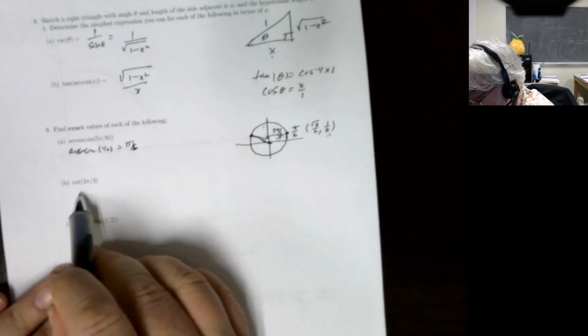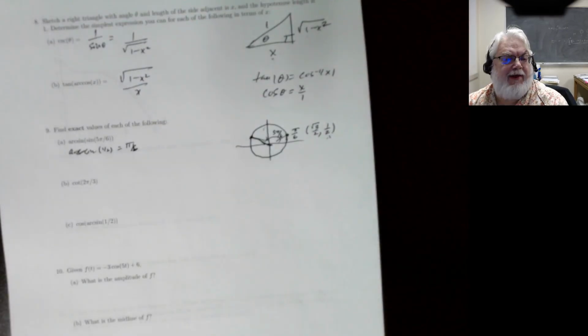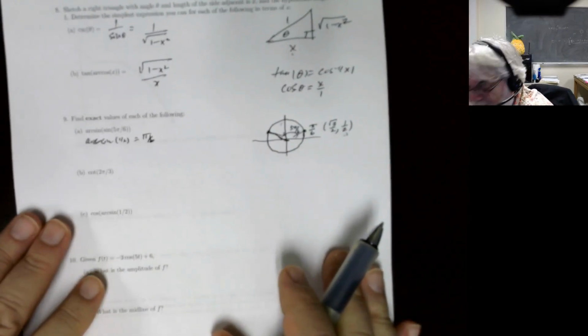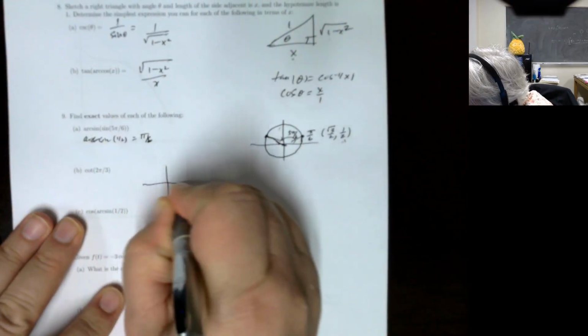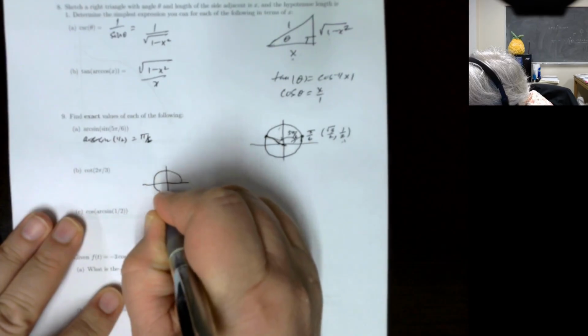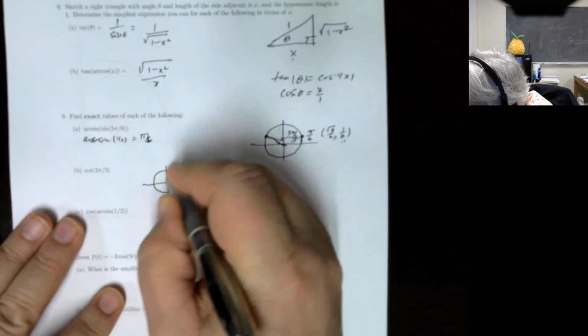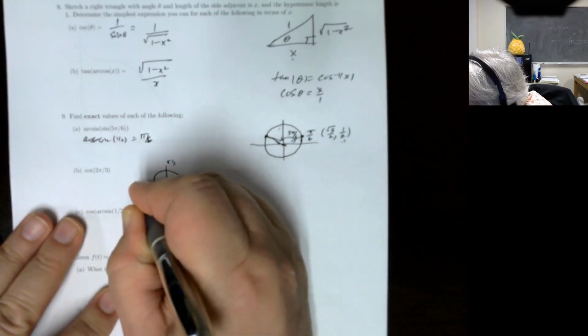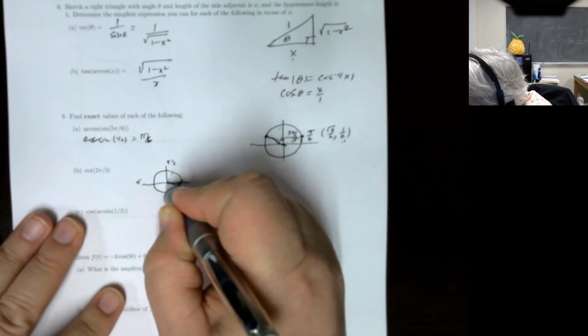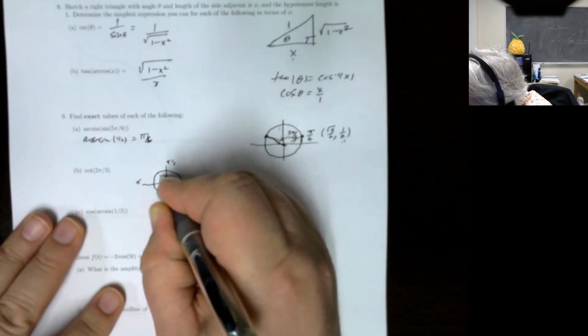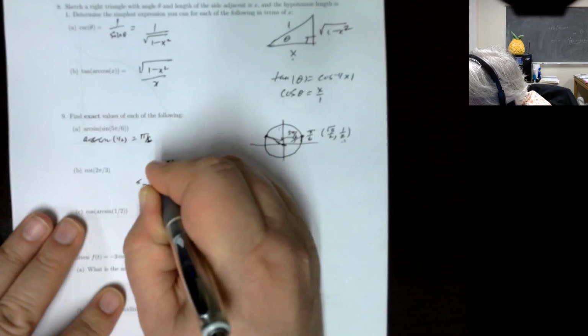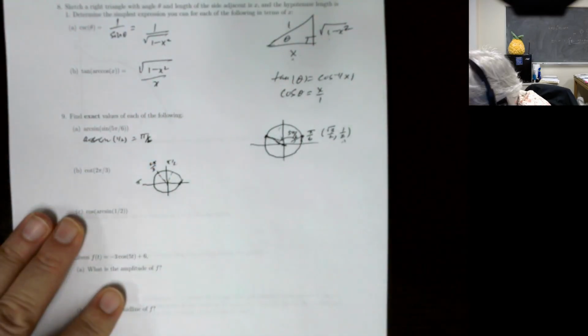Good. Okay, let's see, now we have the cotangent of 2 pi over 3. So where is 2 pi over 3 on the unit circle? So this is pi over 2 and this is pi. So this is about pi thirds. So this would be about 2 pi over 3. Right?